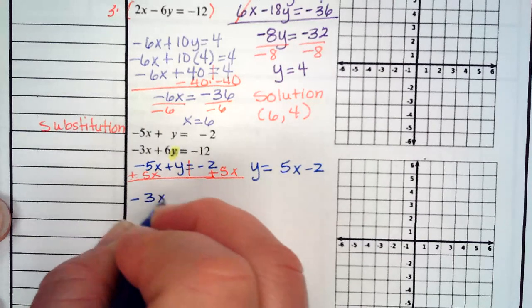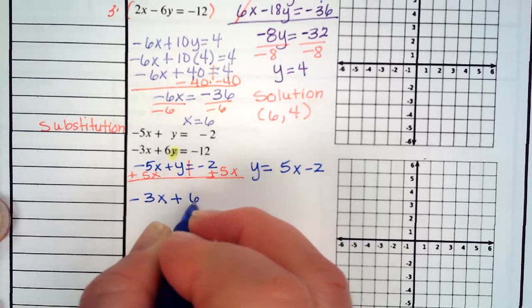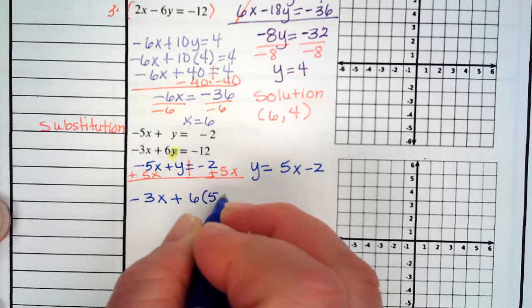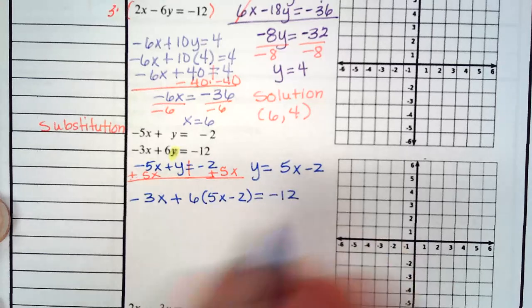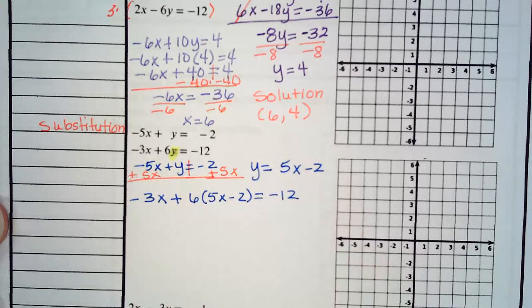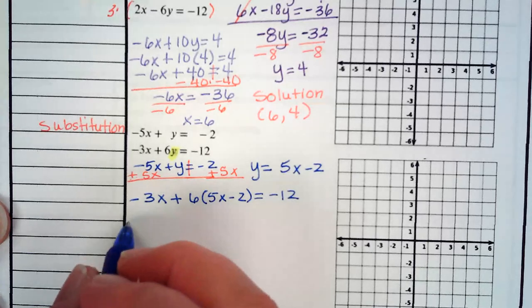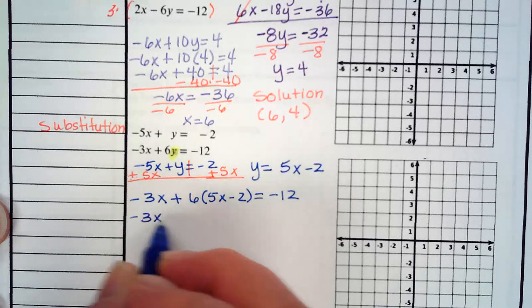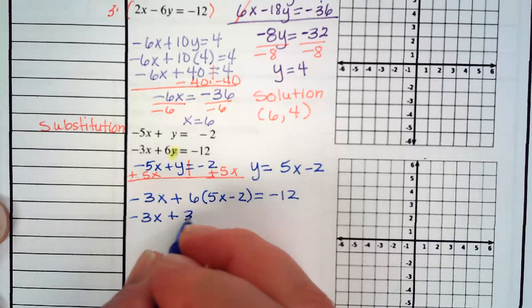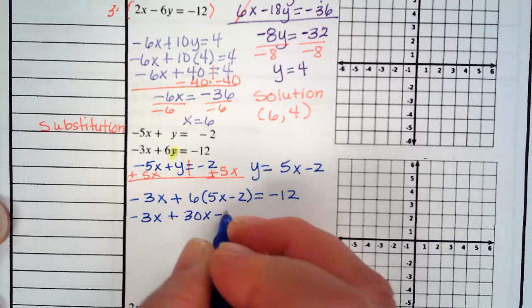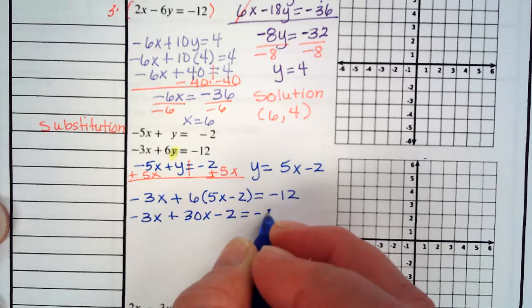Negative 3x plus 6 times 5x minus 2 is equal to negative 12. Okay, negative 3x plus 6 times 5x is 30x minus 2 is equal to negative 12.